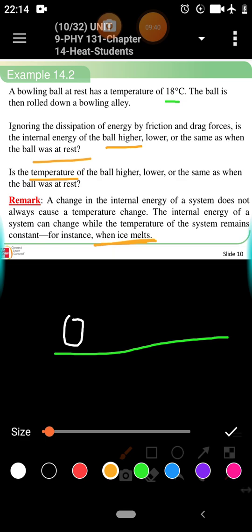And we know that the water molecules are more free in a liquid form, and they are not that free in a solid state. So the internal energy changes. So then, let me continue.